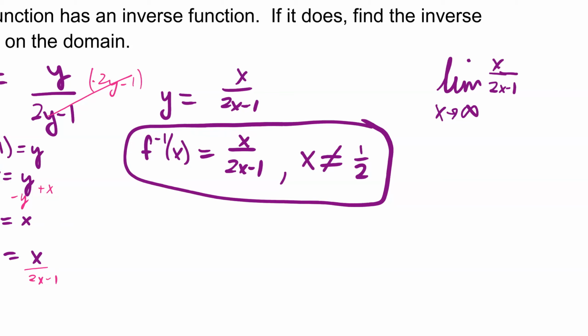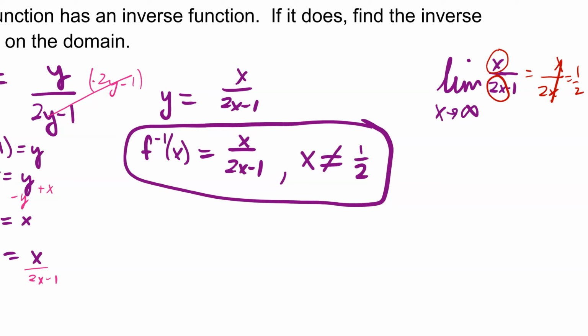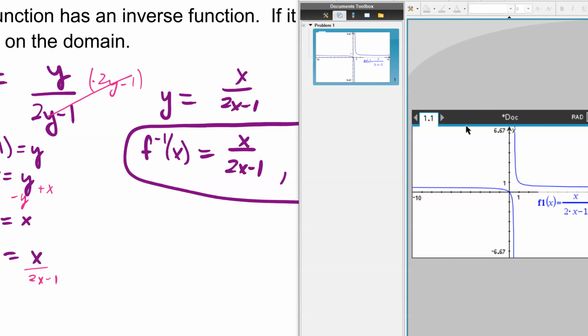Well, this time, if you look at the leading terms, so this is something we'll go over in chapter 2, you're looking at the terms with the highest exponent. So I can rewrite this as x over 2x, well, the x's cancel out and you're left with 1/2. So it seems like if I look at my graph, we're approaching 1/2. Well, a y value of 1/2 as we go to the left end of the graph and the right end of the graph. But approaching is not equaling. We're getting closer and closer, but never touching.